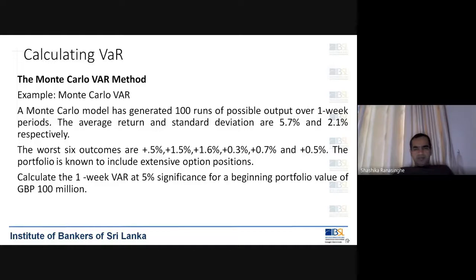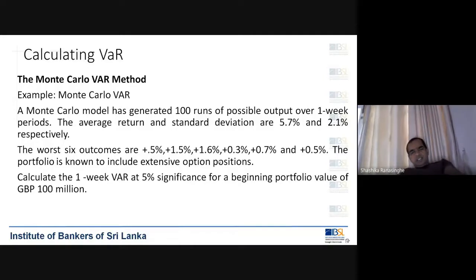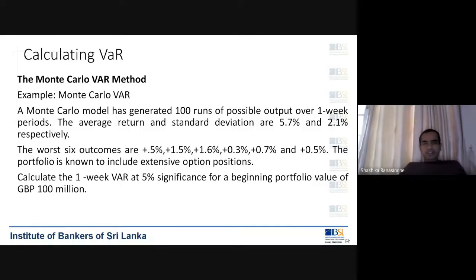Fifth, 1.5. And sixth, 1.6. It says 1 week value at risk at 5% significance, which is the fifth worst outcome, right? Fifth worst outcome is 1.5% of 100 million, which is 1.5 million.